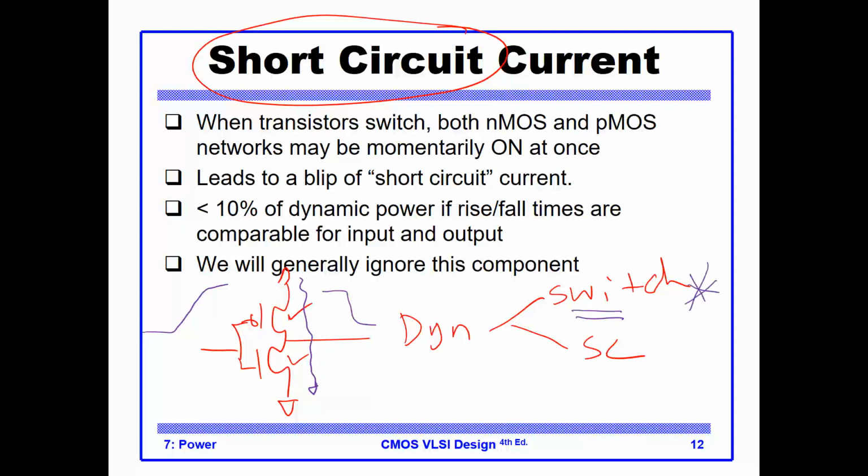The dominant part of the dynamic power is the switching power. Short circuit is typically less than 10% and is ignored for calculations or added later as an extra estimate. So for the purpose of this course, we will ignore them.